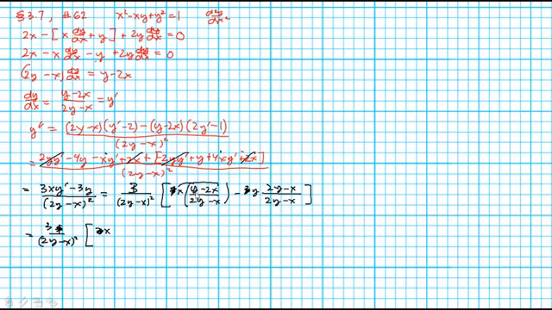Now I'm going to distribute the x through, and I get xy minus 2x. And then over here, I get negative y squared and a positive xy. And that's all over 2y minus x. Well, you may notice here a 2y minus x and a 2y minus x. Let's collect those terms. So 3 over 2y minus x cubed.